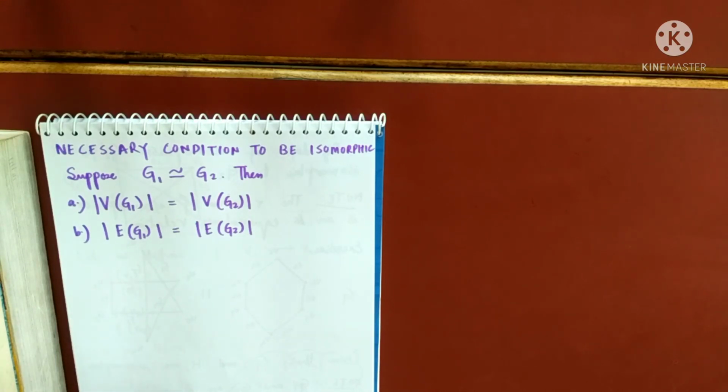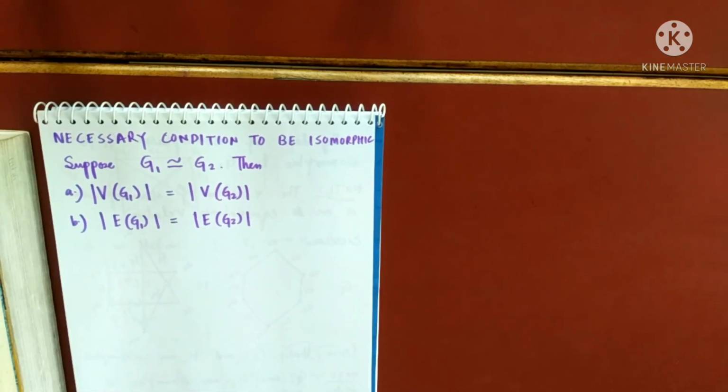If I give you two graphs and ask you to check whether they are isomorphic or not, you always start by counting the vertices. If the number of vertices in both graphs is the same, then you go for the next step.